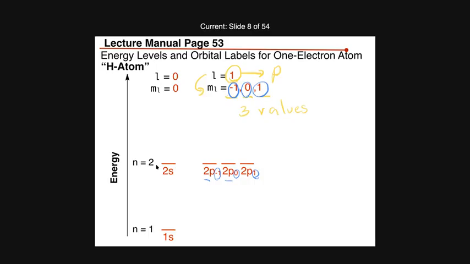Most likely what you are going to see is that you can represent these 3 orbitals as 2p. And that is also correct, because all of them are the same orbital level, just with different orientation. Again, the reason why there are 3 orbitals for the 2p subshell is because we have 3 values of M sub L.